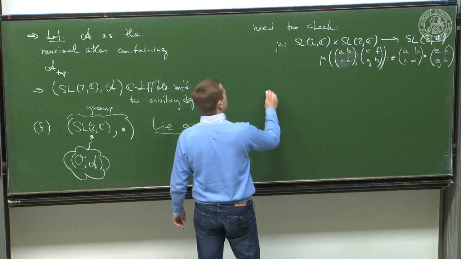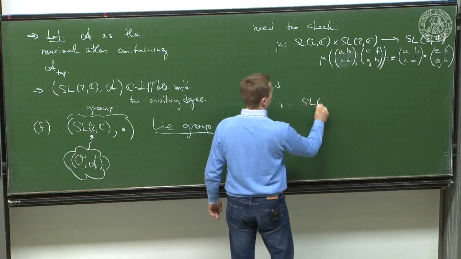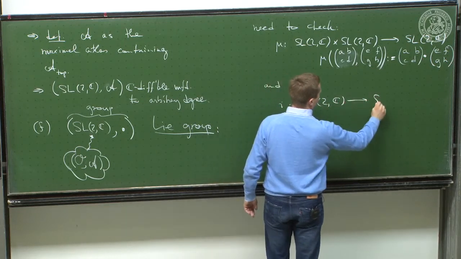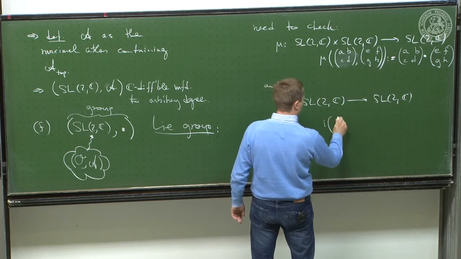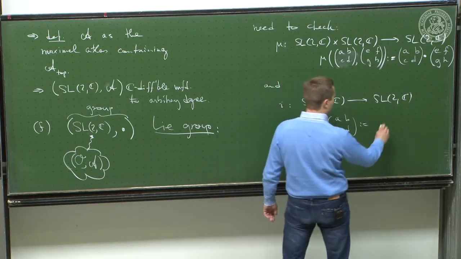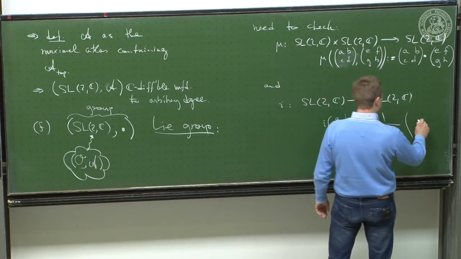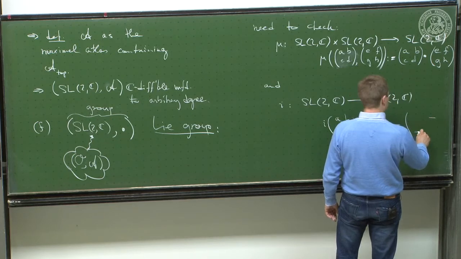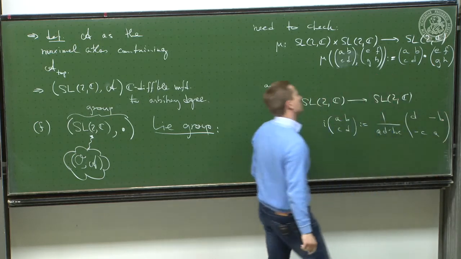And the map i takes only one element, A, B, C, D, to an element of SL2(C) by mapping it to the inverse. That was 1 over AD minus BC times D, minus B, minus C, A.